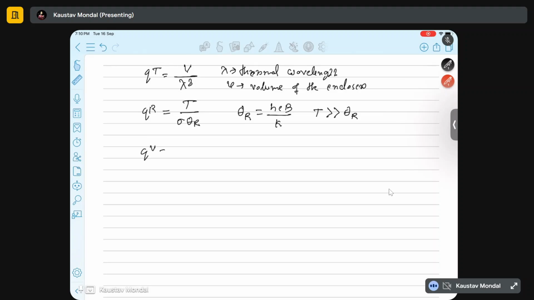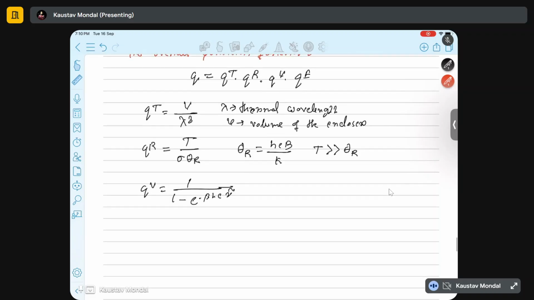For the vibrational case, it looks like 1 over 1 minus e to the power minus beta hc nu tilde, right? So rotation, translation, and vibration, three things are defined here already.